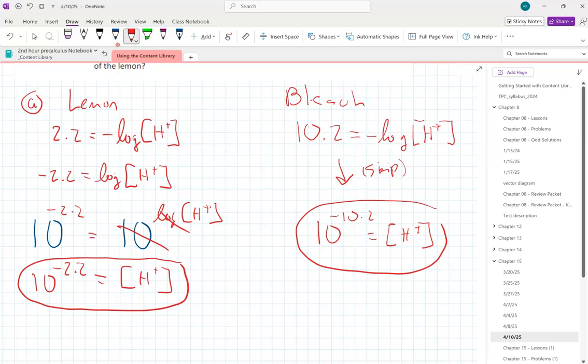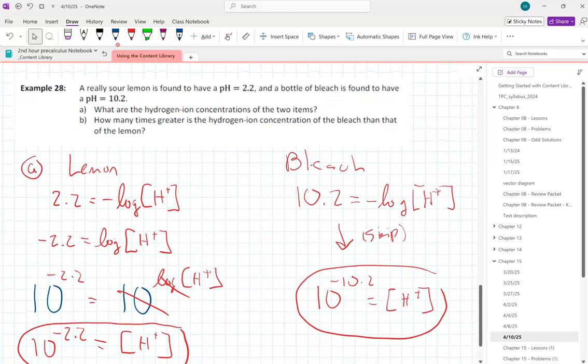And part B says how many times greater is the hydrogen ion concentration of the bleach than the lemon? That's a typo because the bleach has way less hydrogen ions than the lemon.